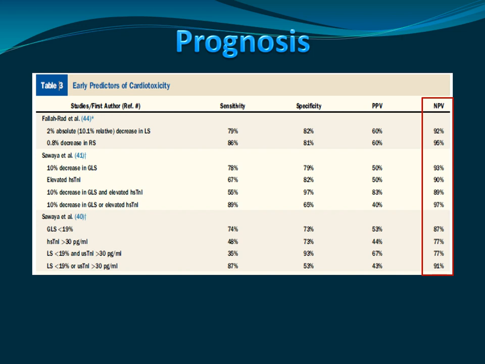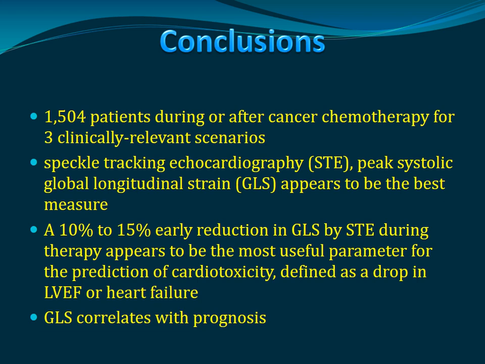And we can see that in the prediction of reduction of EF, the global longitudinal strain is actually the one that is the most predictive. So what are the conclusions? In 1,504 patients during and after cancer chemotherapy, 3 clinically relevant scenarios were studied.